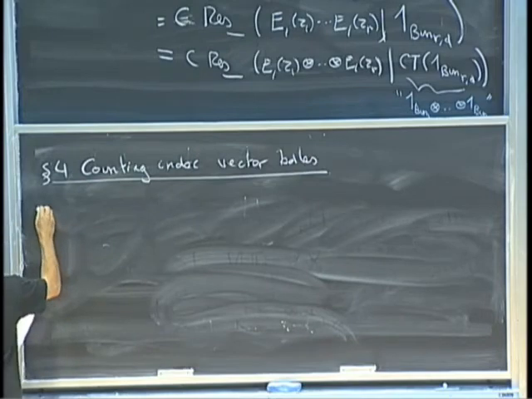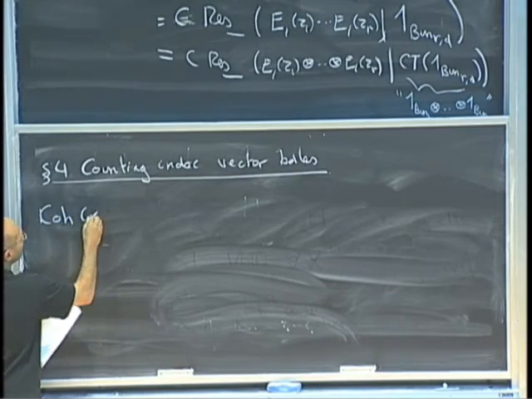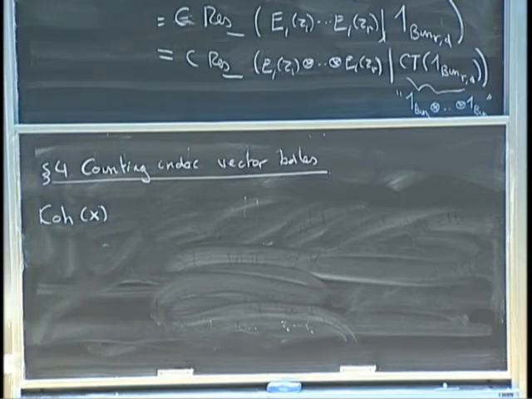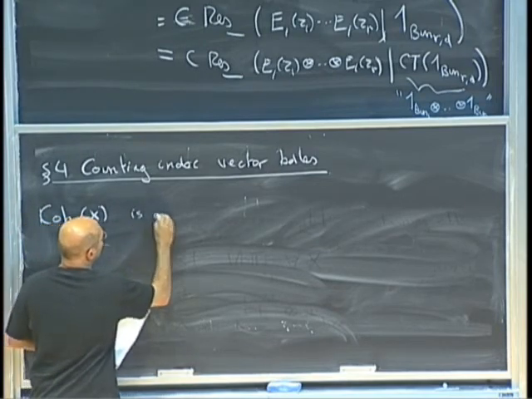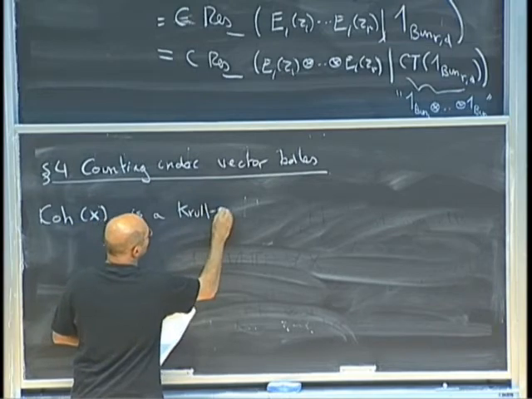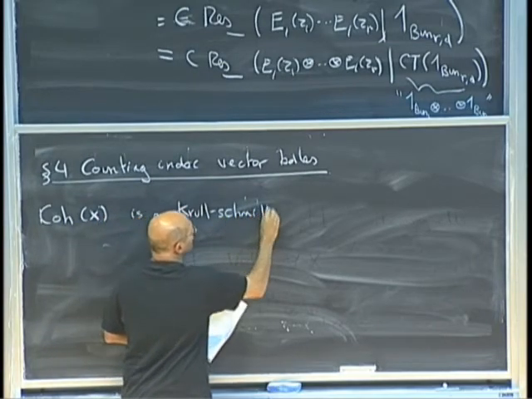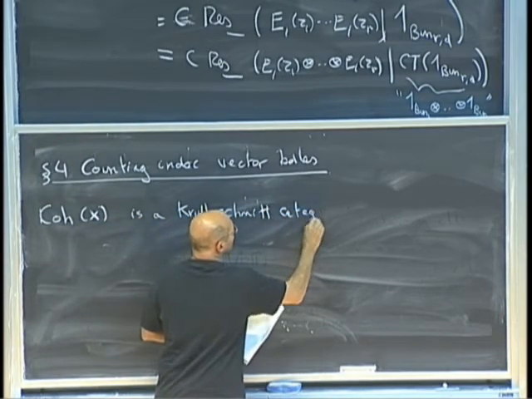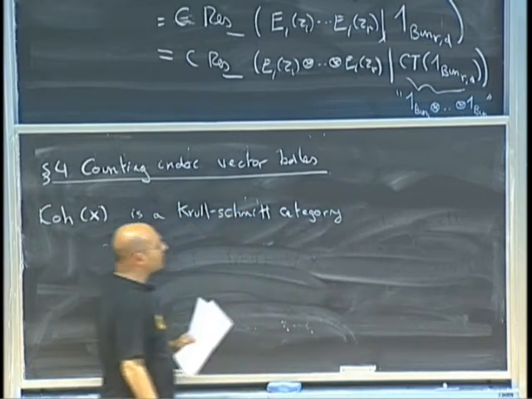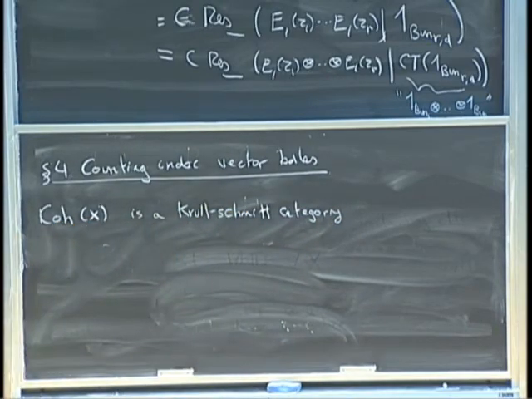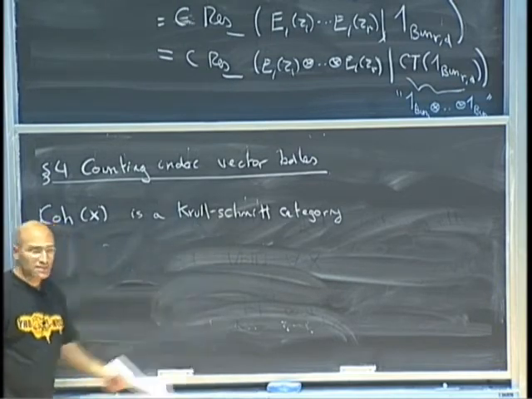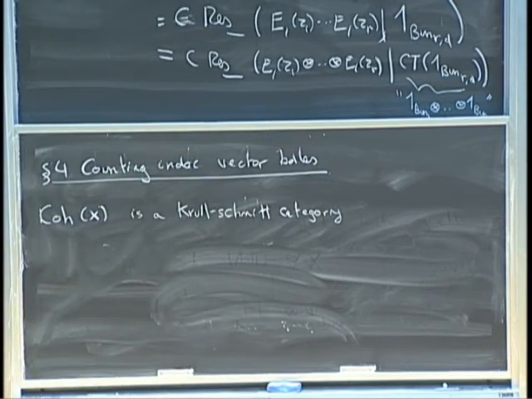Okay, so first recall that the category of coherent sheaves over X is a Krull-Schmidt category, which means several things, and among which the fact that every object can be decomposed as a direct sum of indecomposable objects, and these indecomposable objects are unique up to permutation, even though the decomposition is not.